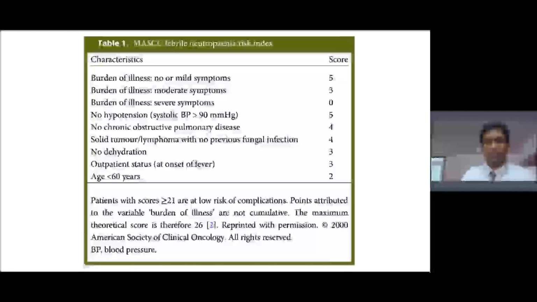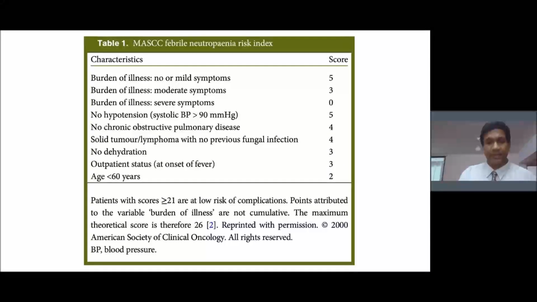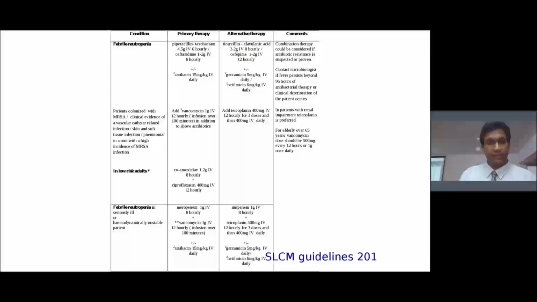So this is how the score works. I won't go into details on that because it's going to take a lot of time. So just have a look at that as well. And these are again from the Sri Lanka College of Microbiologists guidelines 2016 about antibiotics, right?